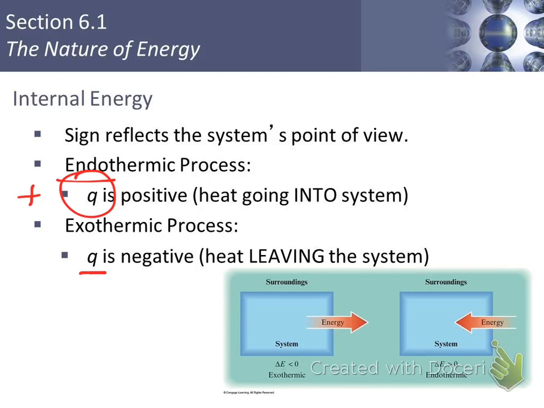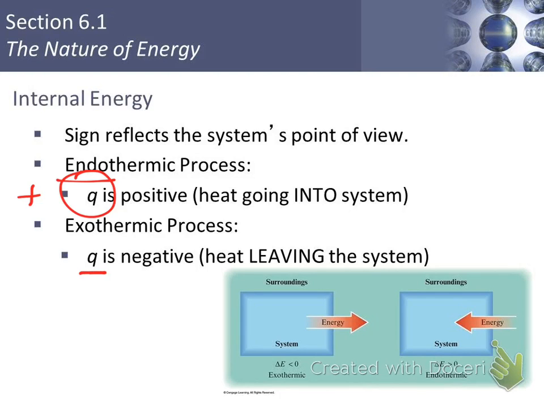It's leaving the system. So you can put that somewhere else if you need, or if you're just going to keep that sheet, that's fine too. If it's endothermic, we should have an energy value that's positive. Heat's coming in. If it's exothermic, our Q value should be negative, which means heat is leaving the system.